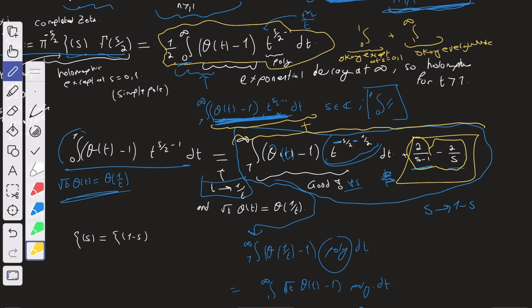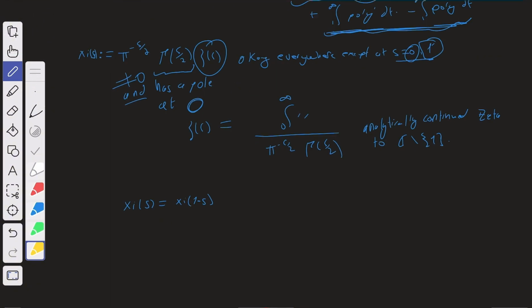And this integral, if you send s to 1 minus s, you will be getting this integral. And if you send s to 1 minus s in this integral, you'll be getting the integral below. So this function is invariant under the map s goes to 1 minus s. If you evaluate it at 1 minus s or at s, it's the same. Thus, this function has this functional equation.